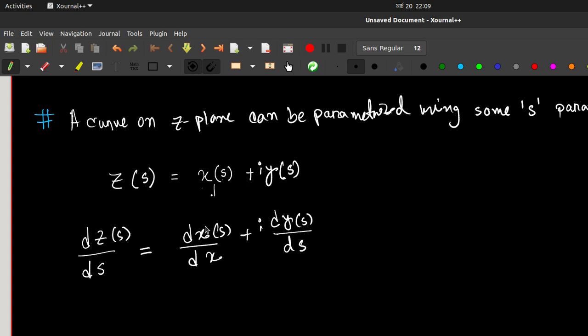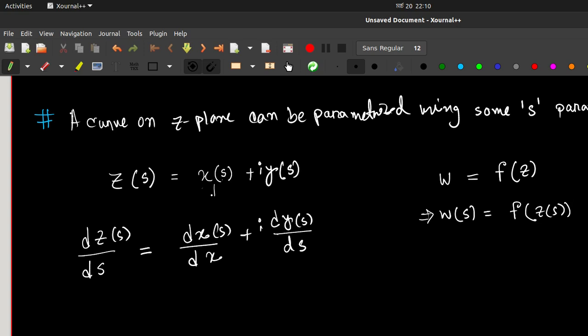Now what was our mapping criteria? W was written as f of z. Since z itself is coming in terms of s, the parameter, and we are taking some function of z, W will also come in terms of s, like this.